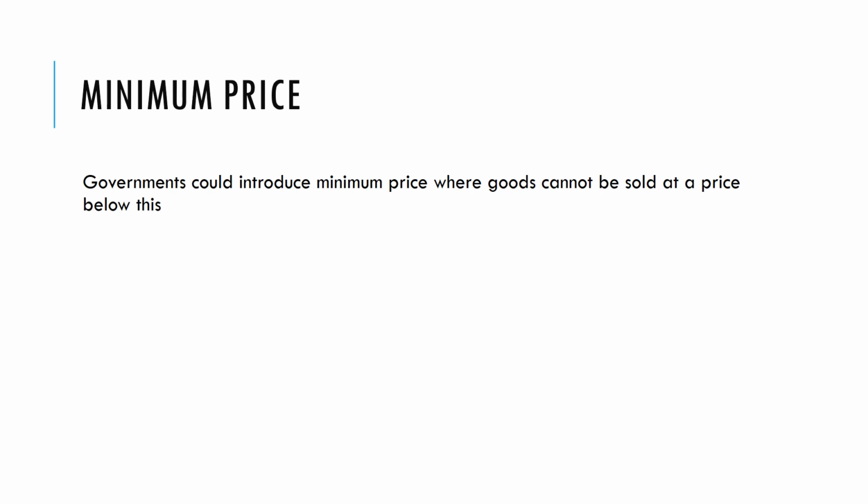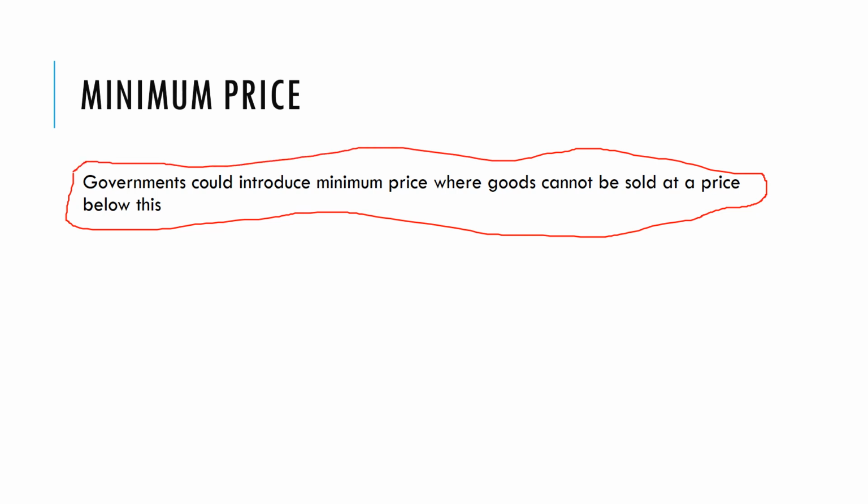So with a minimum price scheme, governments can introduce a minimum price, and our definition here of a minimum price is where goods cannot be sold at a price below this, and that's enforced by the law. The advantage of this is a minimum price will discourage the consumption of a good, so it addresses those negative externalities.